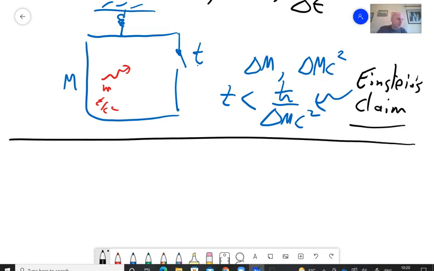So what Bohr says is as follows. Well, we both accept, he told Einstein, that there is some delta m, because perhaps the photon escaped.